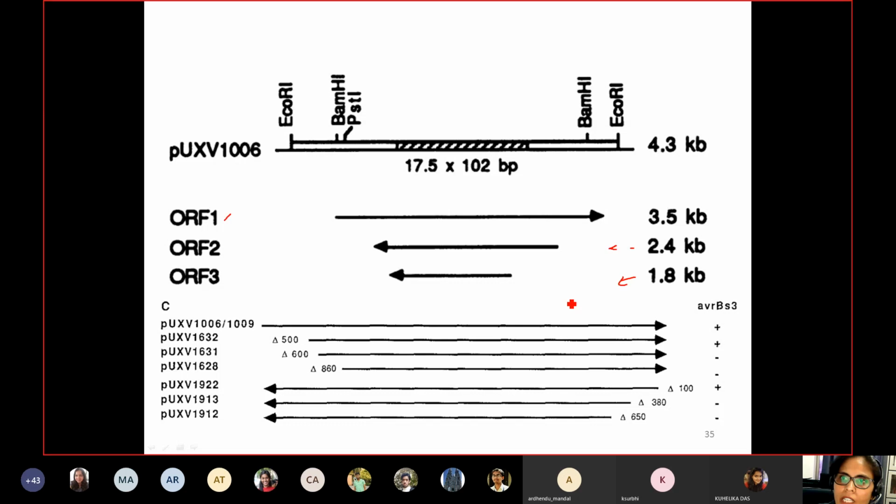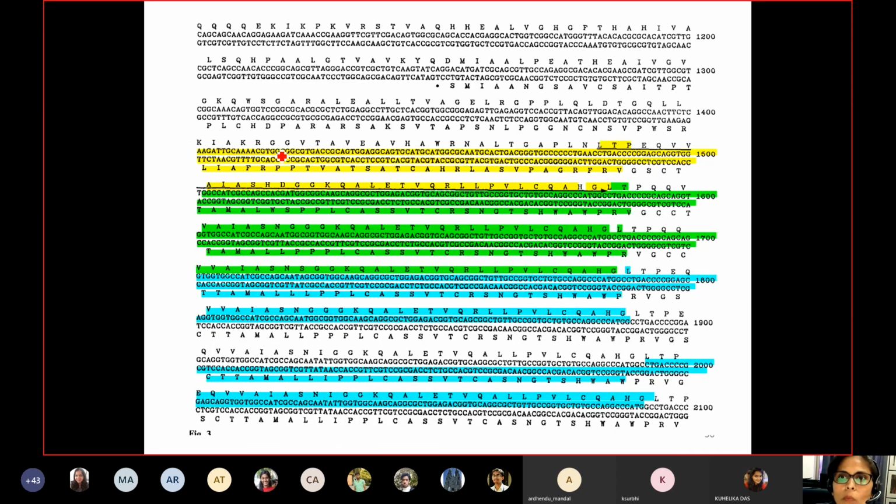Once they started sequencing this, they were surprised to find that most of the middle region showed similar sequences. For example, I have also colored it in different colors. Here LTPEQVV, LTPQ, this is the first few amino acids I'm showing, and the underlined region here, LTPQEVV until this LGHG, was repeated several times within the AVR gene.